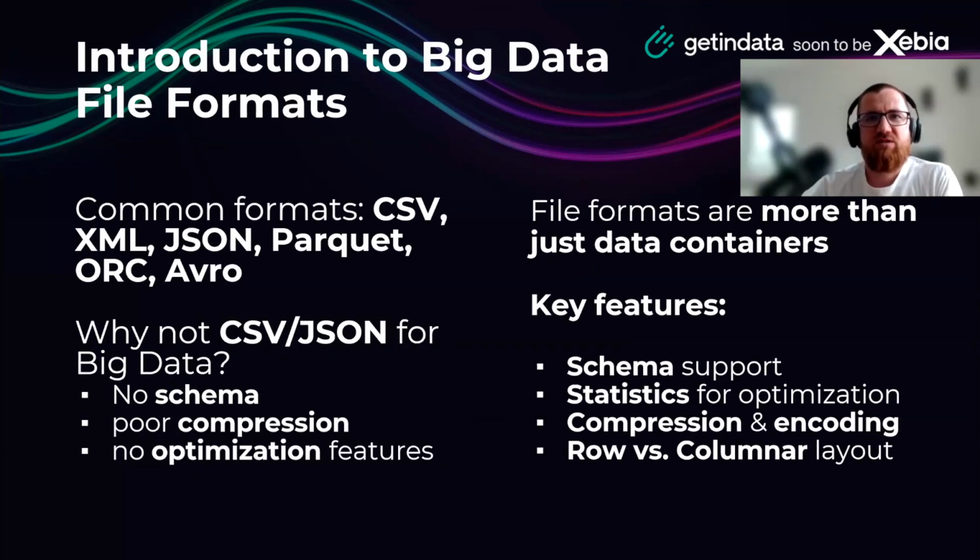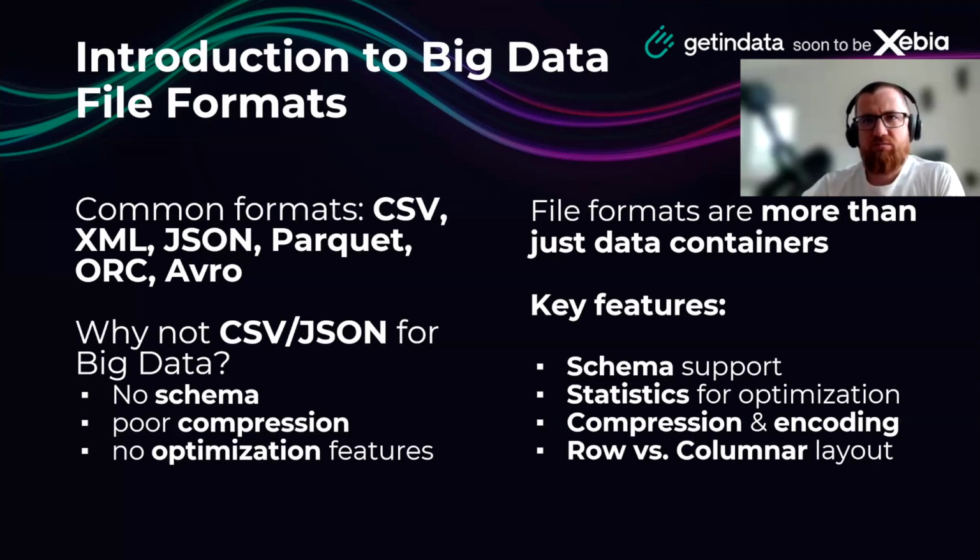CSV and JSON files are not useful when processing terabytes of data, especially in a bulk way. And this is because they miss a few functionalities, because file formats are not only containers for the data. It's not the only requirement we have to store the data.